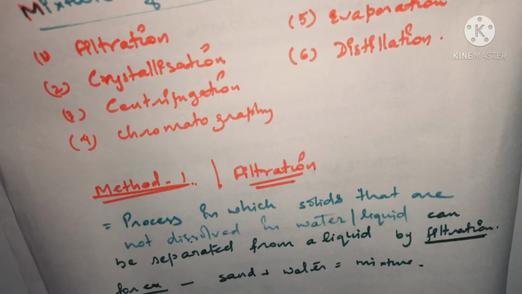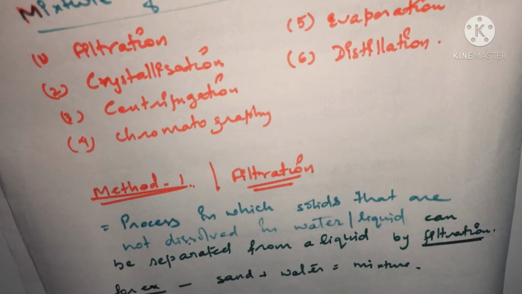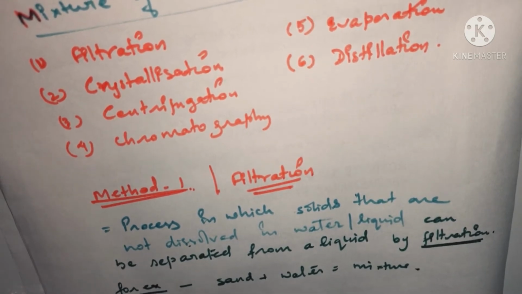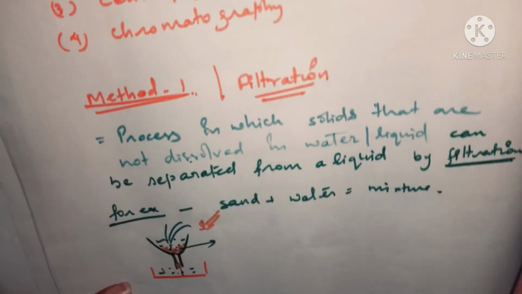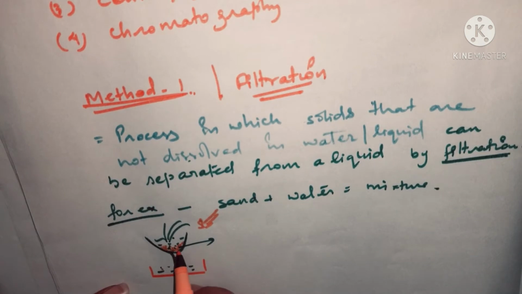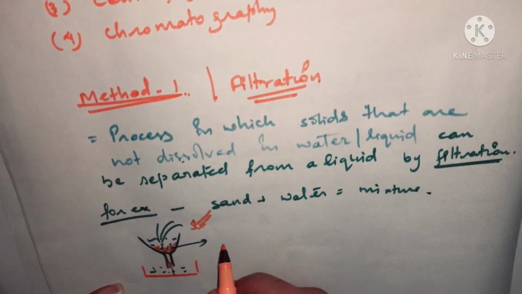Now remember one thing: the constituent which is left here, this yellow sand, this was the sand and water mixture. Now this yellow part, this residual, left out part here, is known as a residue.